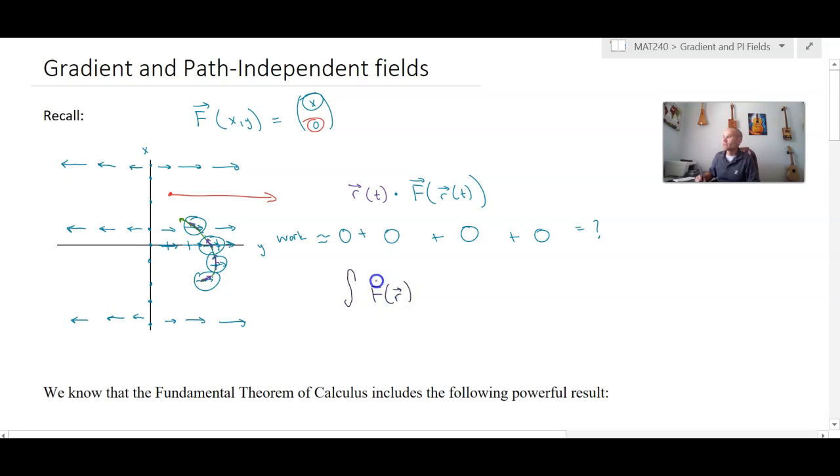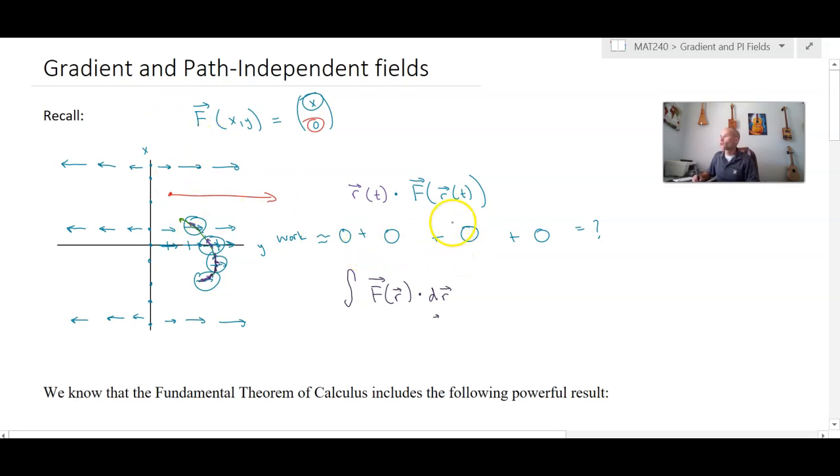This is some vector f, which is a function of the position that we're at, so a vector that depends on another vector, dotted with these infinitesimally small change in position vectors. So just imagine that these are teeny tiny vectors all the way along this green oriented curve.